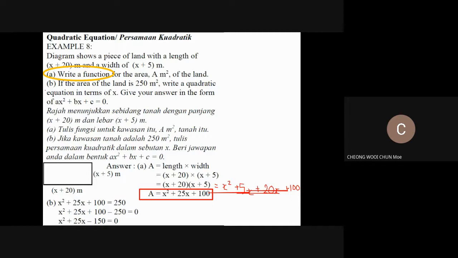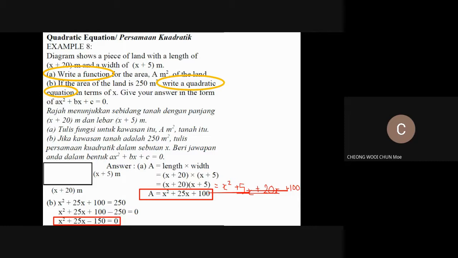Then B, if the area of the land is 250, so x squared plus 25x plus 100 equals 250. Write a quadratic equation. Your answer must be in this general form. So x squared plus 25x plus 100, bring over the 250, minus 250, equals 0.